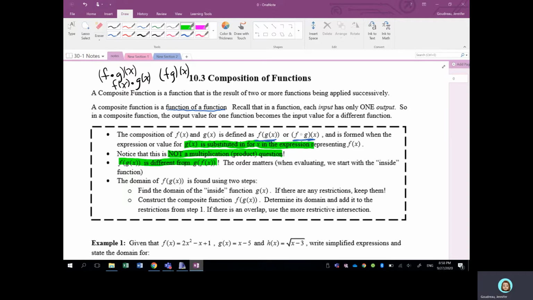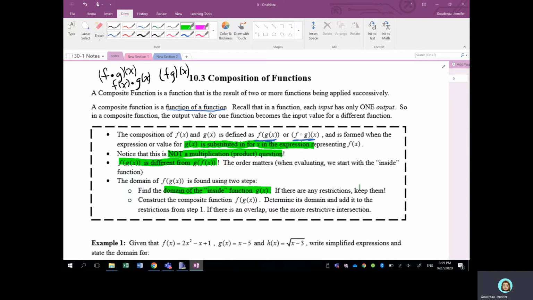When we look at the domain of the composite functions, we are going to do two steps. So it's not just the common domain like it was with most of the operations. It's a little bit different. Our first step is to find the domain of the inside function g at x. So decide if there's any restrictions, and if there are, write them down and keep them.